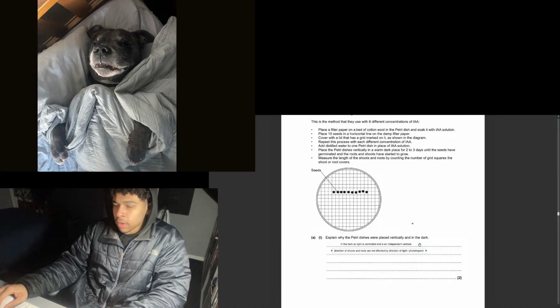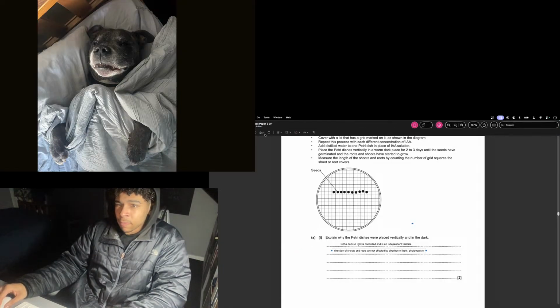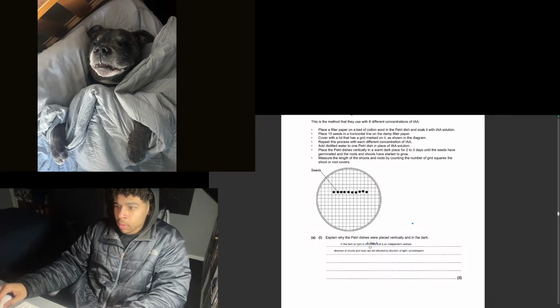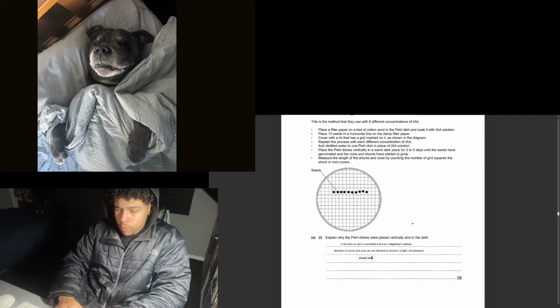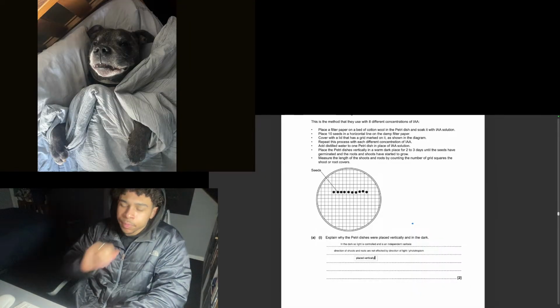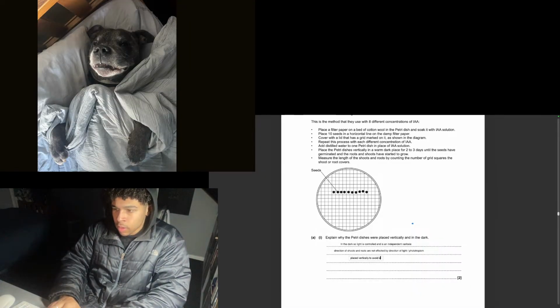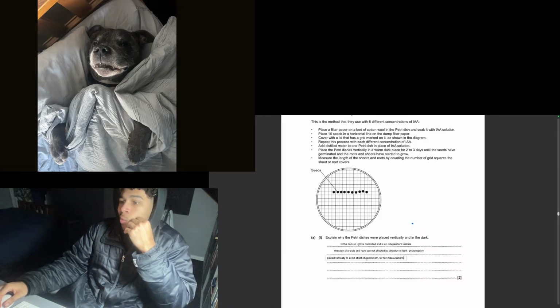So most likely this is going to be along the same thing. So I'm now going to say placed vertically to avoid effect of geotropism for fair measurement. I don't actually know why.